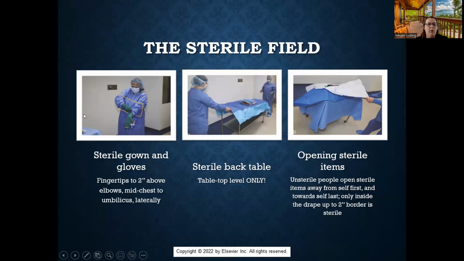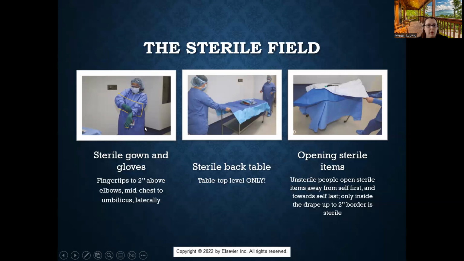Okay, so what is sterile on this gown? We'll learn more about gowning and gloving and that process later, but just to give you a heads up, okay? So with this gown, I tried to highlight it here in yellow, okay? Within this yellow area is the sterile area of the gown, okay? So up here on the shoulders, the neckline, the back side of the gown, and below, let's say the umbilicus, is not sterile, okay?